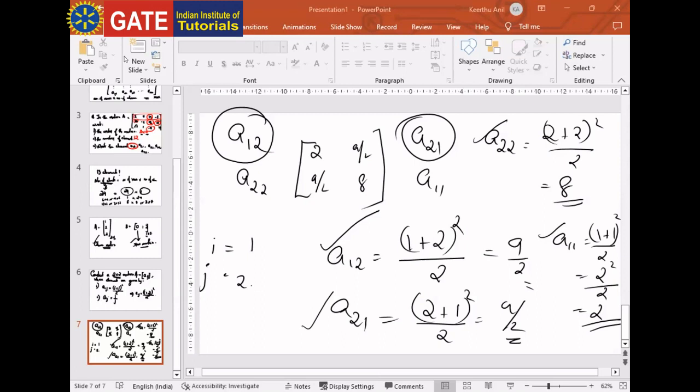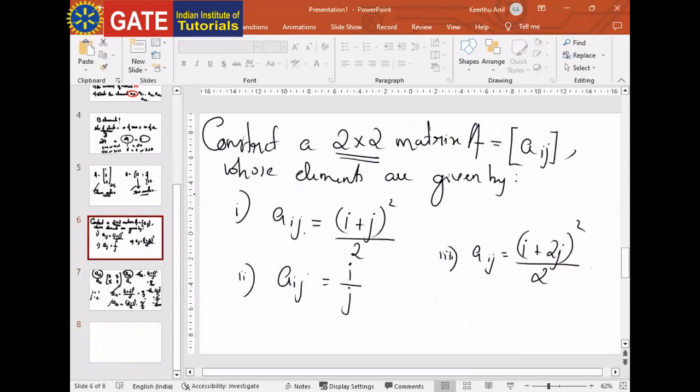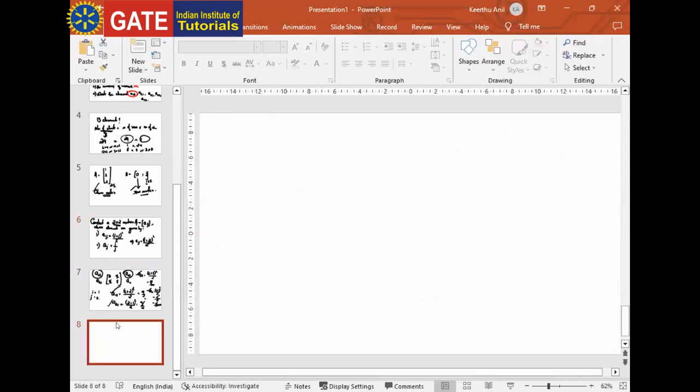Yeah, I'll explain it once again, no problem. So let me take another question. Okay, the second one. What is the second condition given? Aij equals i divided by j. So whatever is the element, you have to go for that number divided by the next number. So if I'm going to construct the matrix, I'm going to put matrix A equal to, you'll be having which matrix? 2 by 2 matrix, right?